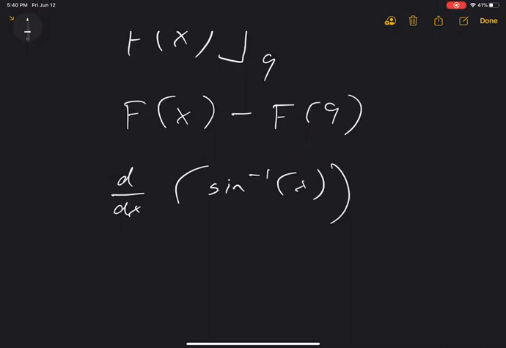So if you're having trouble here, just look up the derivative table for the trig stuff and see what the derivative of sine inverse of x is. And then the rest should be review. 13 looks like partial fractions review. 14 trigonometric review. 15 looks like probably a u substitution review.